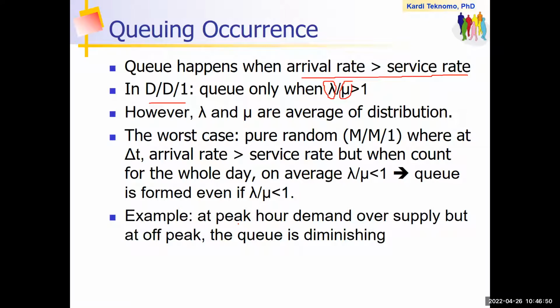Why? Because in any random system, you can have some kind of peak hour demand. So the peak hour demand happens at that time, and then you can have an off-peak period when the queue diminishes, where the demand reduces and the server starts finishing all the queue.